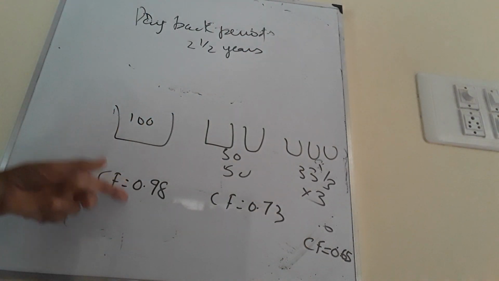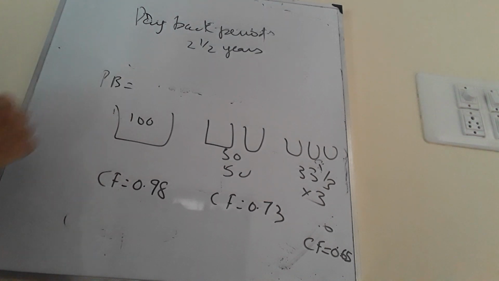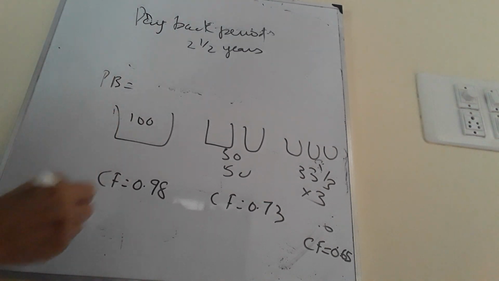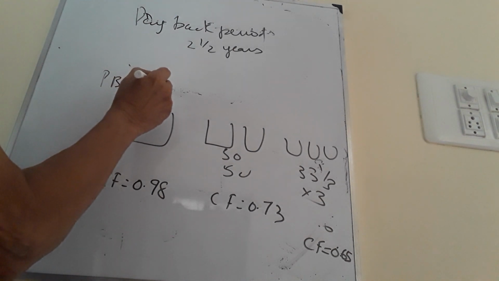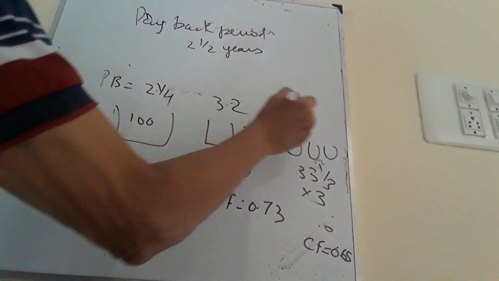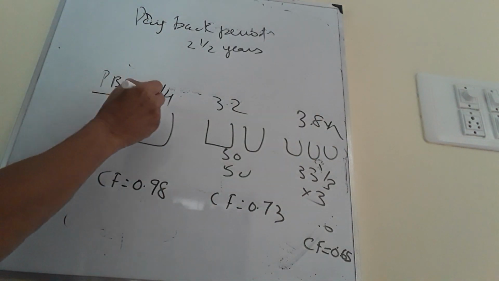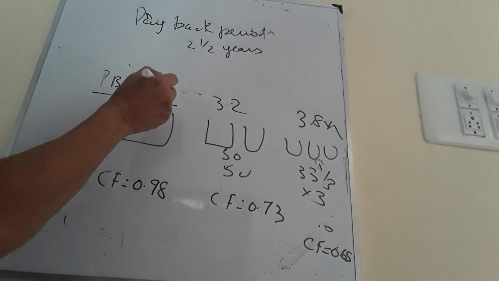So in this case, I'm not telling you the actual calculation. The payback period here is 2 years and 3 months, here it is 3.2 years and this is 3.8 years. That means they get the investment back in 2 years and 3 months.